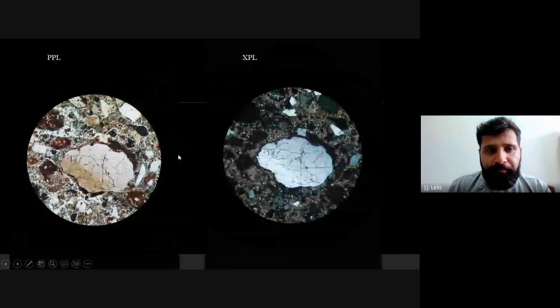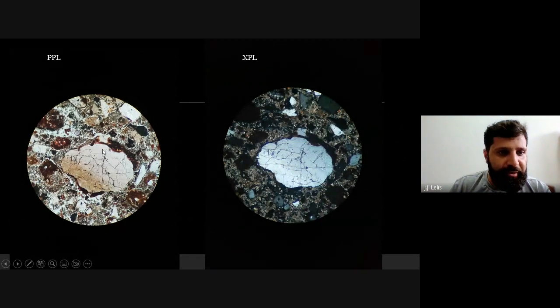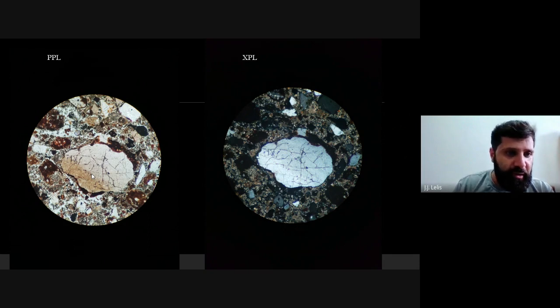Here are some micro photos where we can see the coarse fractions. For example, here we have a coarse sand grain of quartz. So these are quartz grains that compose the sand size, the sand fraction, but here we call them coarse fraction. And here we can see several other coarse grains.